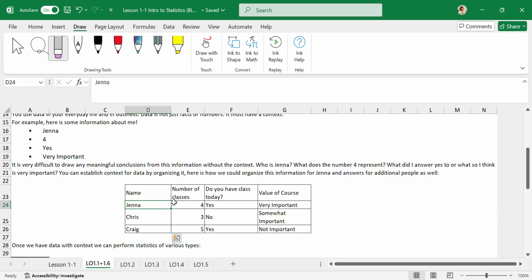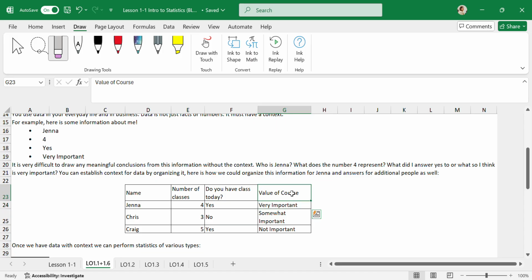Jenna is teaching 4 classes, so the 4 was actually the number of classes. Now that it's in this tabular format, I understand what the 4 represented. Yes was the answer to the question, do I have class today? So if I'm teaching a class today, that gives me the context for what the yes answer was.